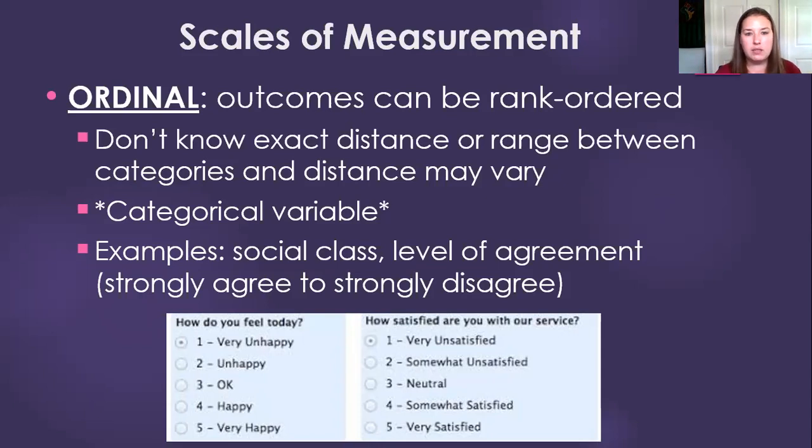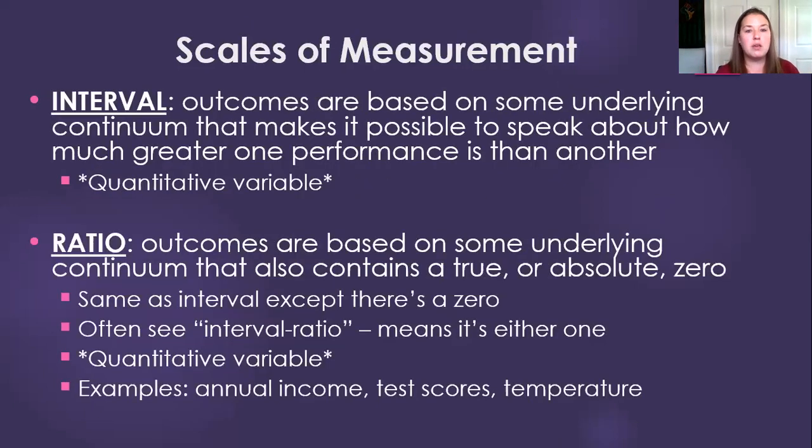And I think this idea of measuring distance between categories makes more sense once we cover what these interval level variables are. So an interval level variable is one in which outcomes are based on some underlying continuum that makes it possible to speak about how much greater one outcome is than another. Ratio variables are the same exact thing as an interval level variable, except 0 is a possible response.